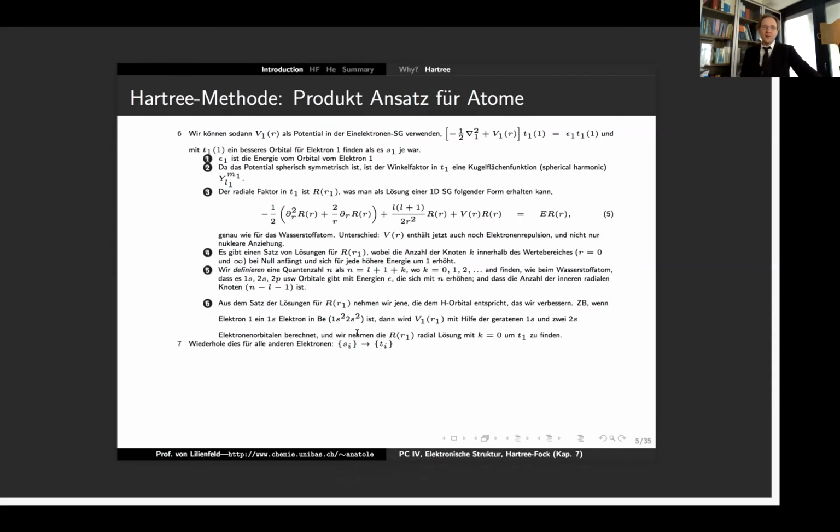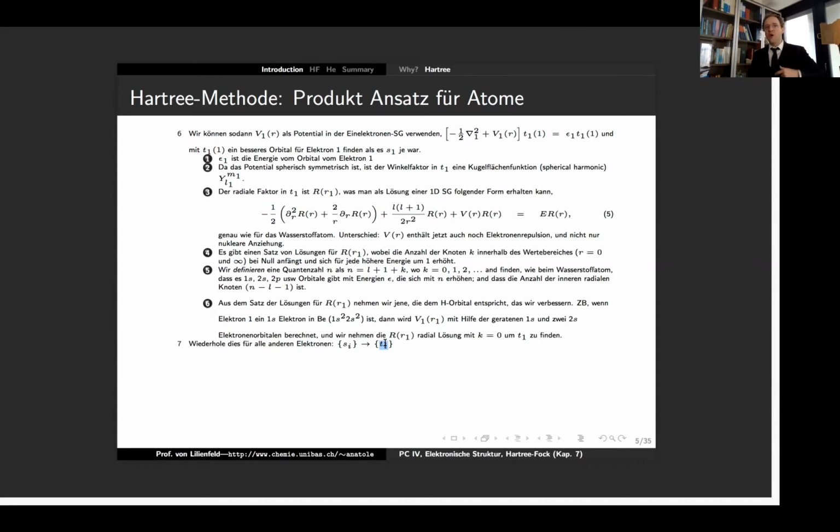And this you repeat for all other electrons. So now you go to the second electron, and then you need the s orbital from the first, third, fourth, fifth, and so on, to get the new t orbital for the second, and then for the third and the fourth, and so on.